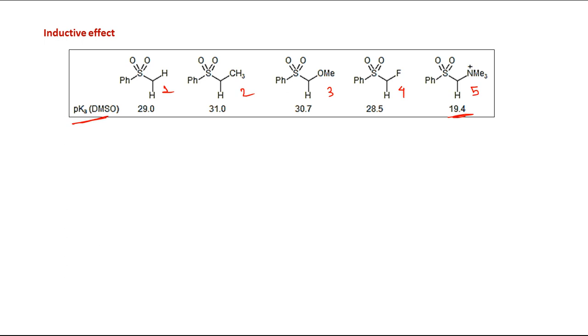Species 5 has the lowest pKa, so when you break this bond, remove this hydrogen that I have just marked. Think about the corresponding carbanion: the carbanion generated from 5 will have maximum stability.